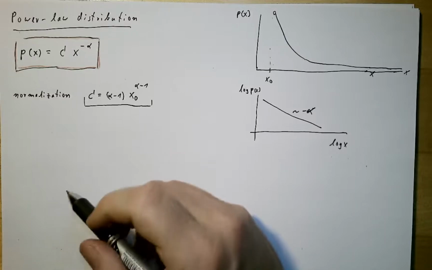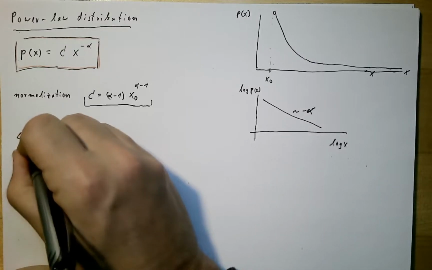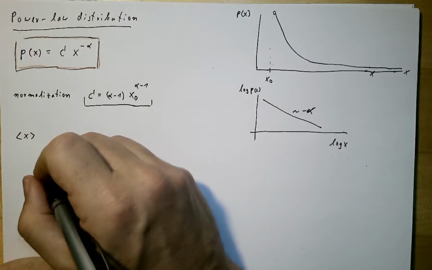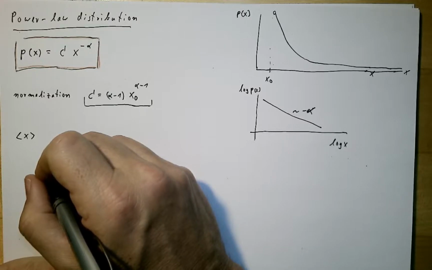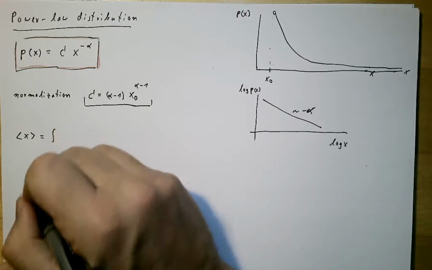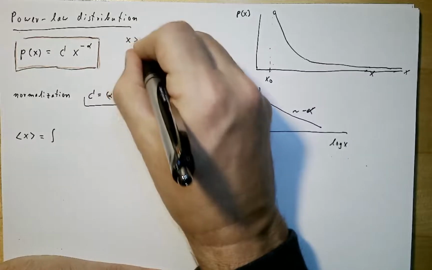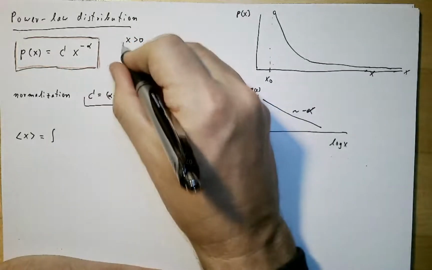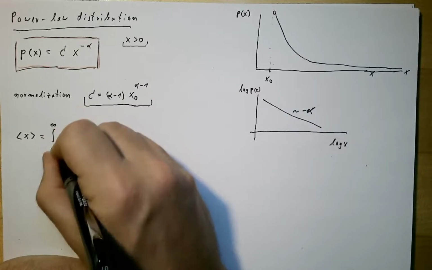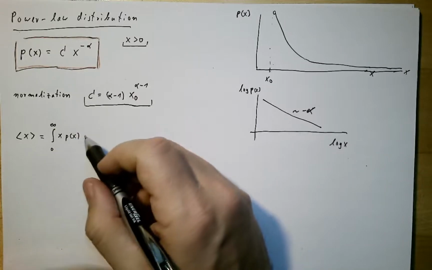Now let's calculate the mean value. What's the mean value of x? Let's write it down again for the sake of completion. The x are always positive, so x is larger than 0. In our integrals we only have to integrate from 0 to infinity x times p of x.